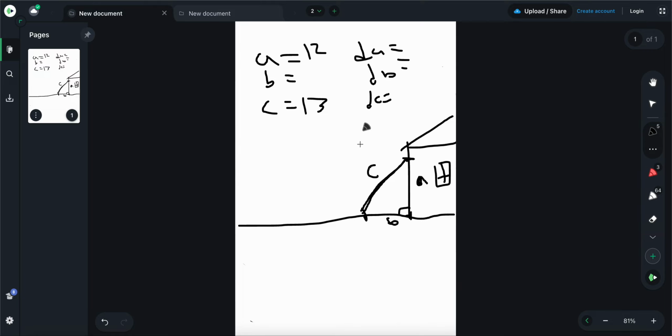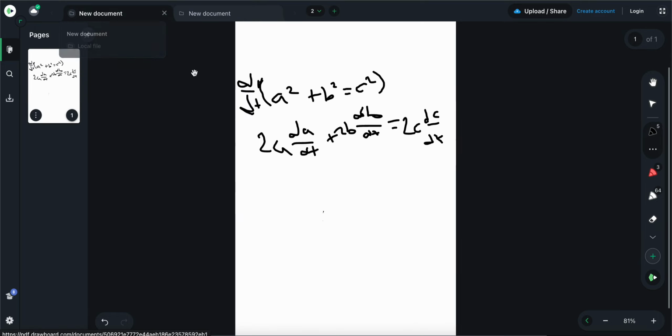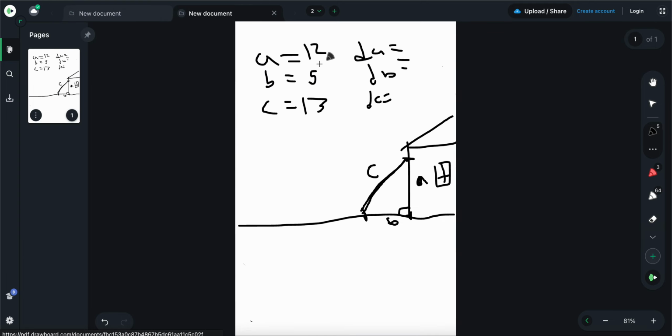Then the remaining value, we have a Pythagorean triple. 5, 12, 13 is a Pythagorean triple. If you didn't already know, you could have plugged it in with 12 squared and 13 squared and then solved for B. In this case, we just know that B is 5.